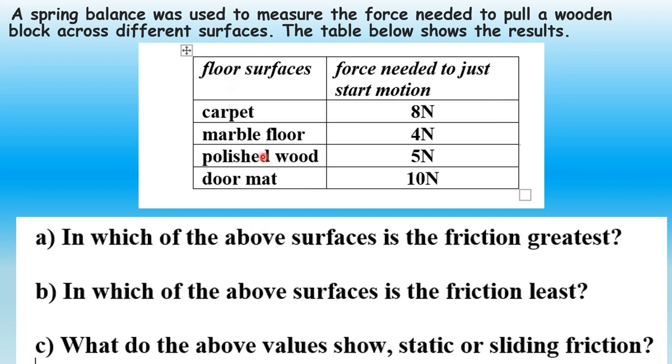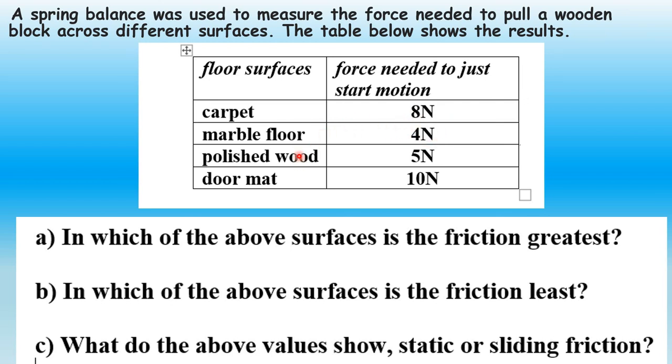Now you check the surfaces: carpet, marble floor, polished wood, doormat. Out of these 4, which is the surface having maximum smoothness? Of course, it will be marble floor. When the smoothness is more, the number of irregularities is less, interlocking will be less, so friction will be less. That is why the magnitude of force is minimum here.